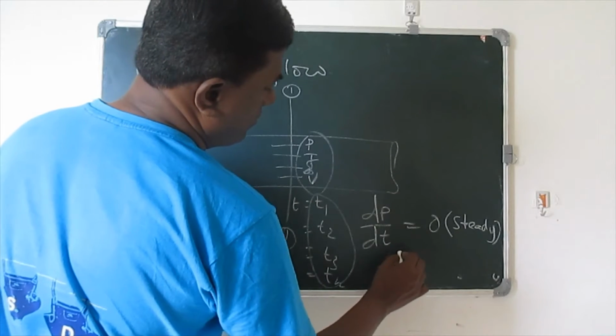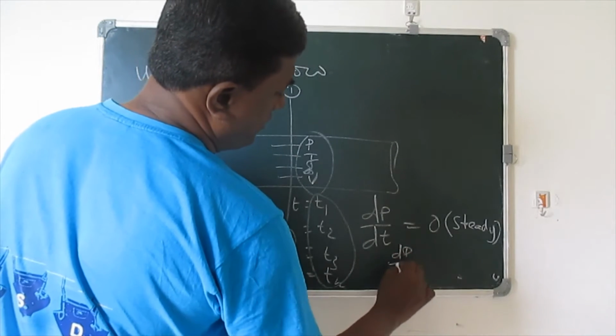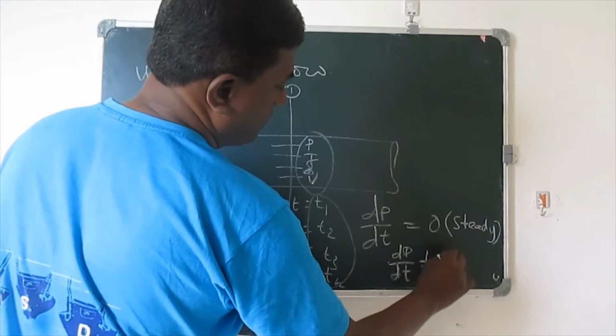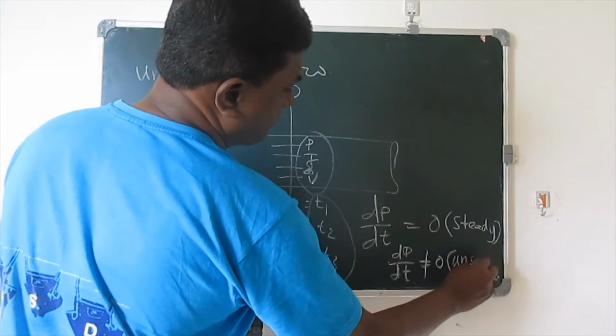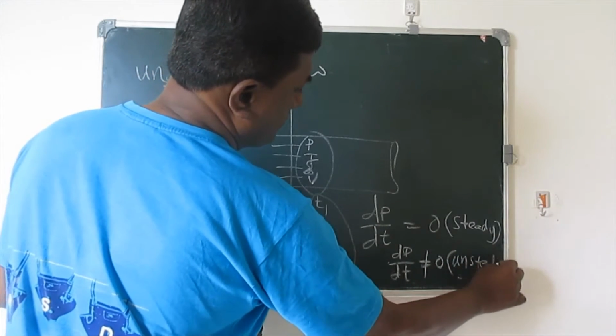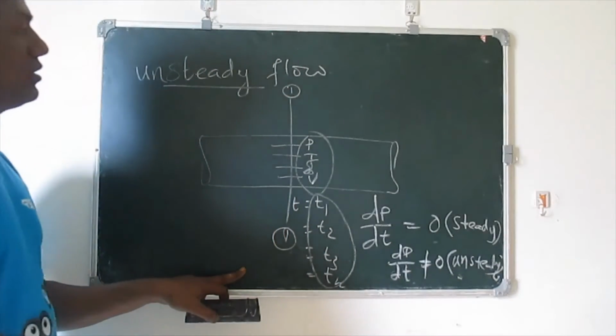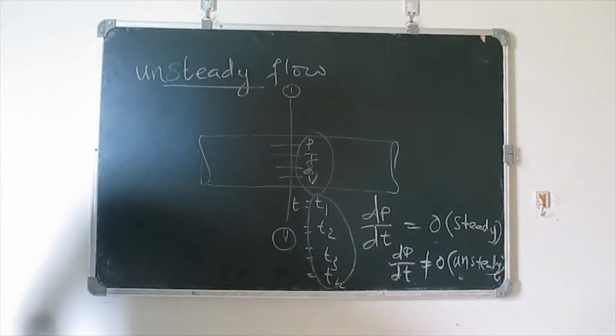If it is not, that means dp by dt is not equal to 0, it is unsteady. So this is about steady and unsteady flows.